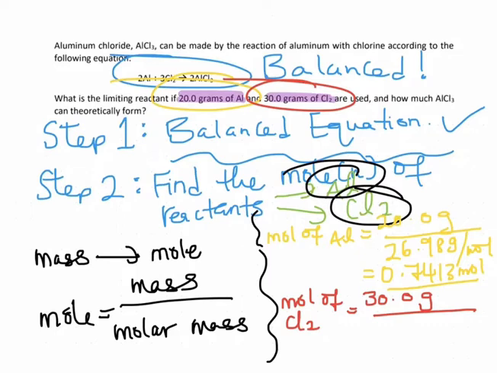So the number of mole of chlorine molecules is going to be 30 over 35.45 times 2. Why do I times 2 over here? Because you have 2 chlorine atoms in one chlorine molecule. And the number of moles should be 0.4231 mole.